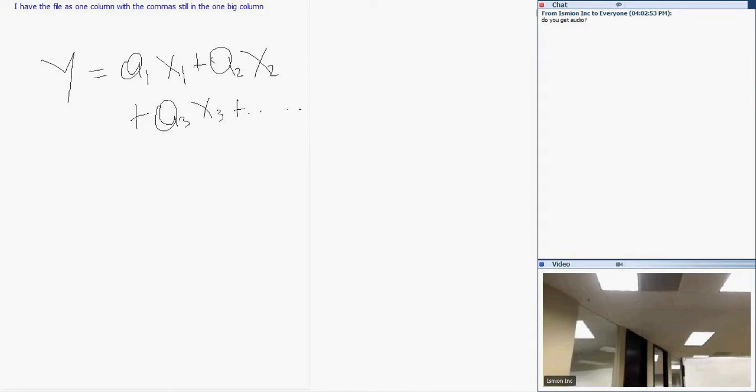Haven't you put the distance somewhere in your model? Yeah, I put the distance in. Can you find it somewhere? I see other people have it. Okay, yeah, so you saw the distance.